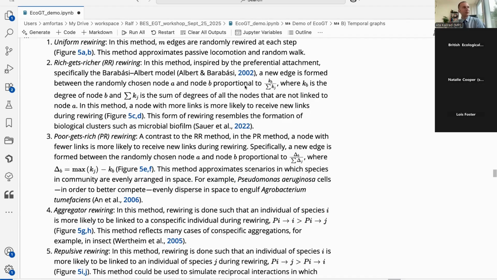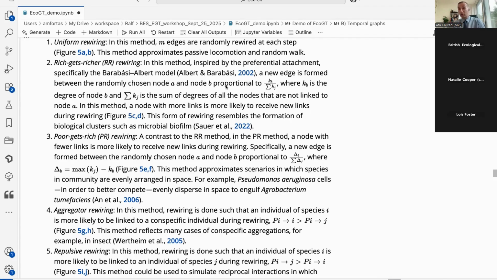So a new edge is formed between randomly chosen nodes proportional to the degrees. So the more degrees you have, the more likely you are to get new edges.